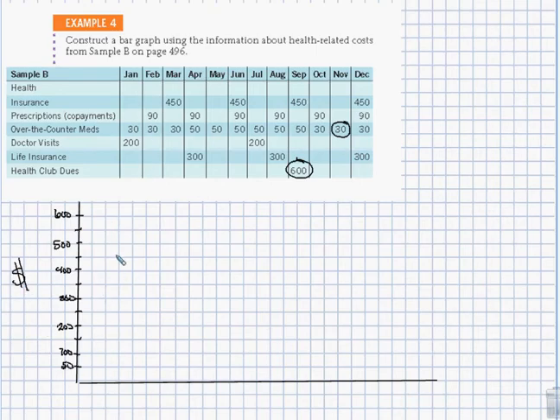Oh, never mind. We're doing it by month, not by category. I was looking at it by category, but we're doing it by month, and so I need to total this first. So that's 140 plus 300, so that's 440.